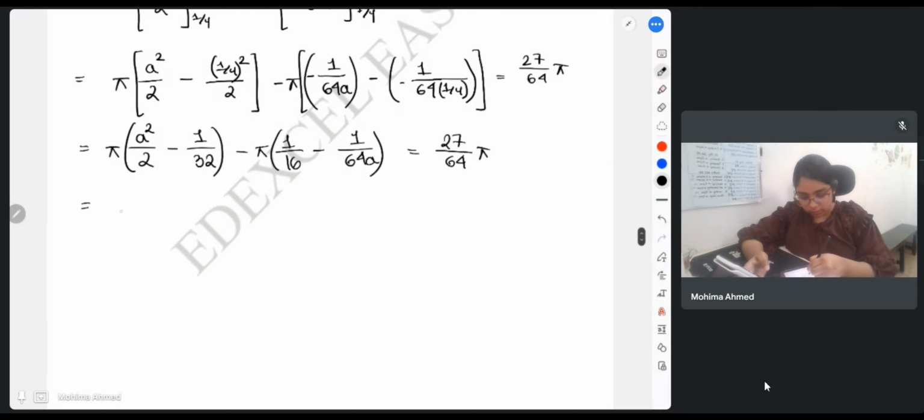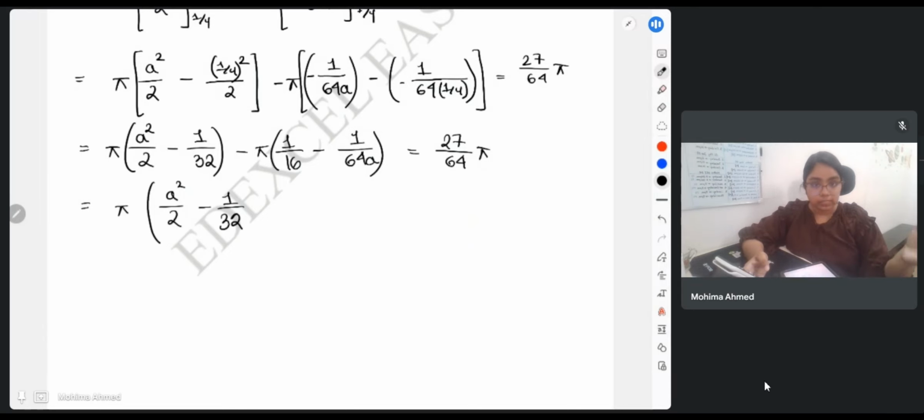So now you have pi times a²/2, 1/32, and everything in the second expression has to be multiplied with negative, right? So it's going to be negative 1/16 plus 1/(64a) in the denominator.